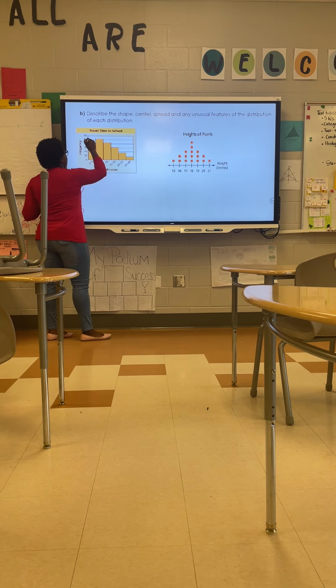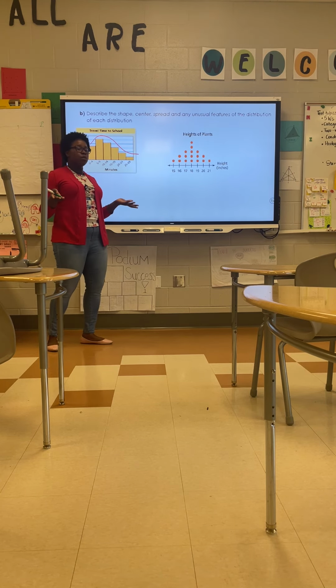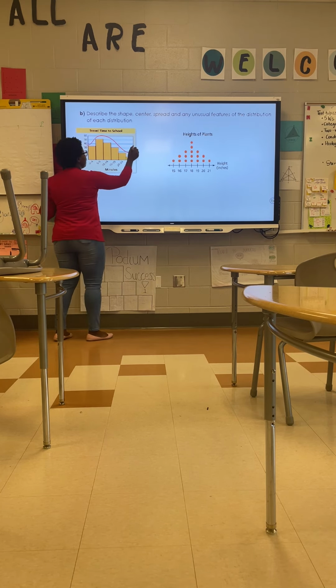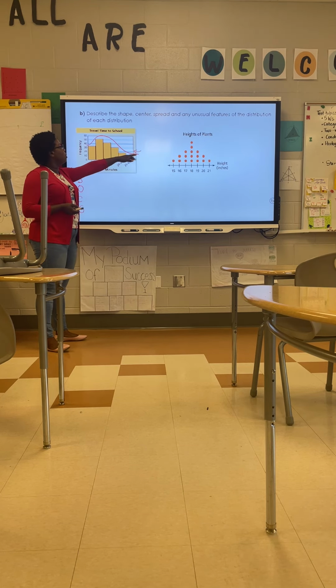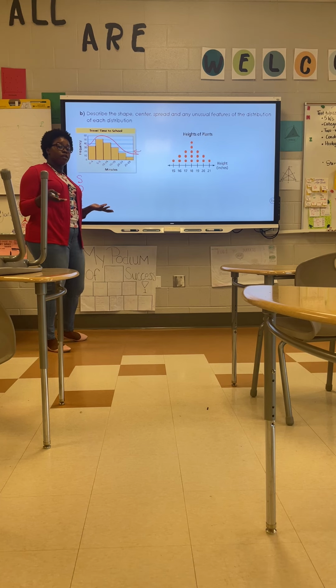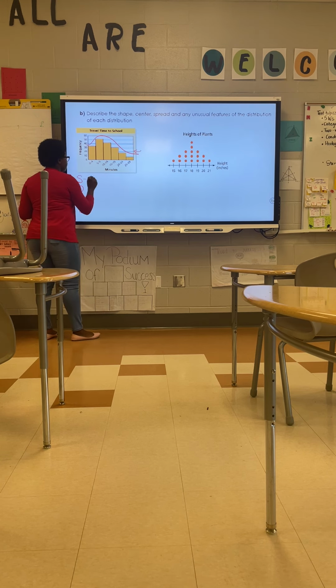Again, I'm going to draw a bell curve over my distribution to see what the shape looks like. In this case the shape looks roughly skewed, and since it's skewed, I must tell the direction. It's skewed to the right as it's trending downwards to the right, so we're going to say skewed right.